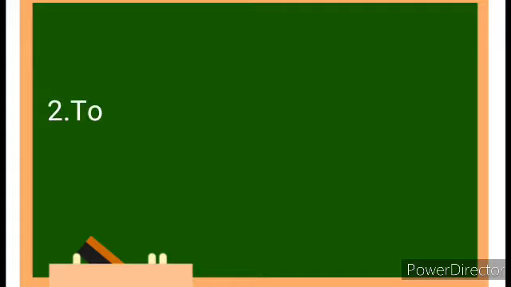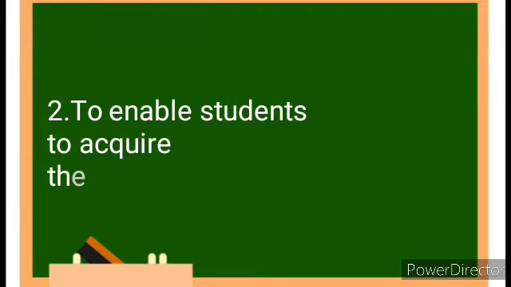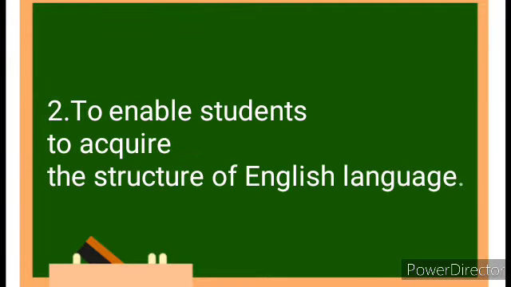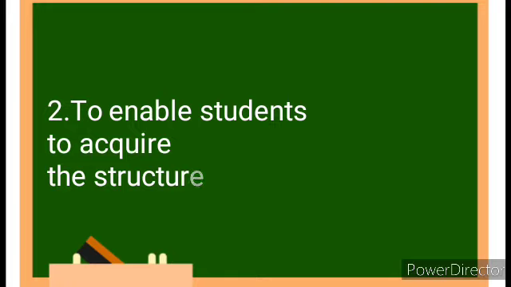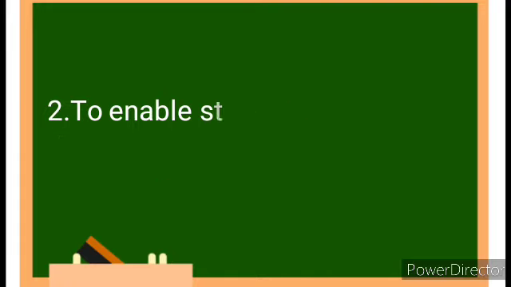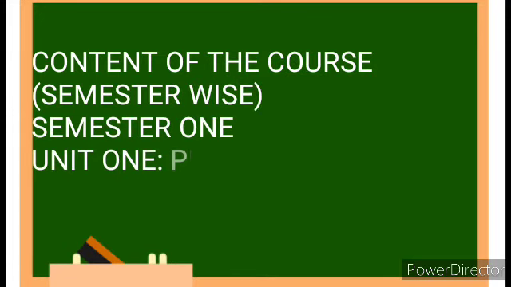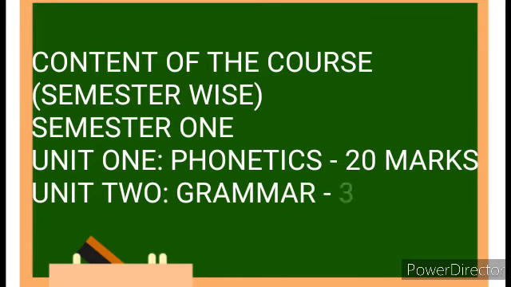And the second objective is to enable the students to acquire the structure of English language. This we will achieve by studying grammar, which is the second part of our paper. During both the semesters, the phonetics will be for 20 marks and the grammar will be for 30 marks.